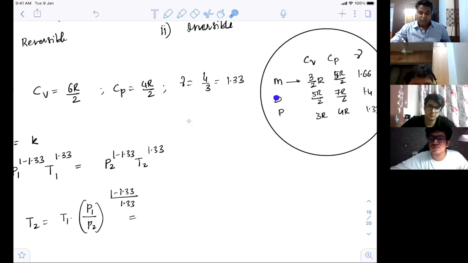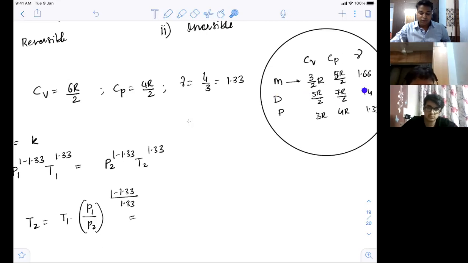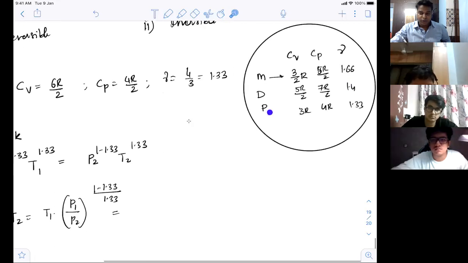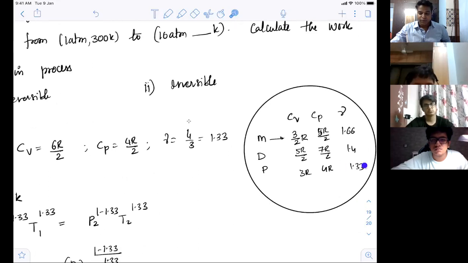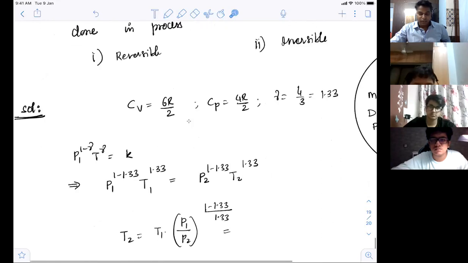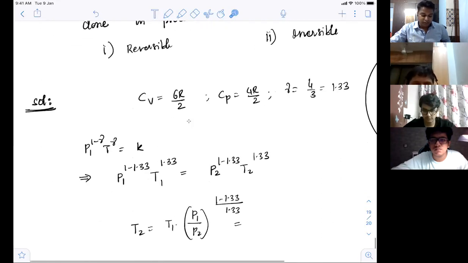If it is diatomic, which is linear form, then it is 5 by 2R, 7 by 2R, and 1.4. And if it is polyatomic, then it is 1.33. Now the question is about polyatomic, right? Any triatomic or any polyatomic which is non-linear will have a gamma value of 1.33. So that is a hint, we must take it. And for an adiabatic change, we have just proved that P raised to power of 1 minus gamma into T raised to power of gamma will be equal to constant.